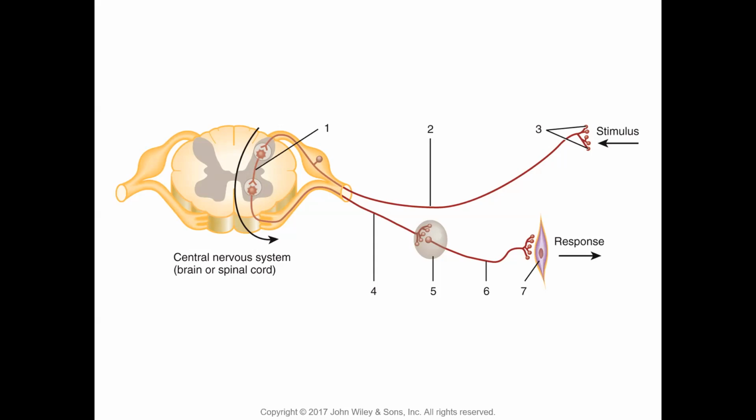So if we were to presume this is a response, say, to a light stimulus, in this figure your stimulus is the light. The receptors will be photoreceptors in the retina, which will be carried up through the sensory nerve, the optic nerve, which is a pure sensory nerve.